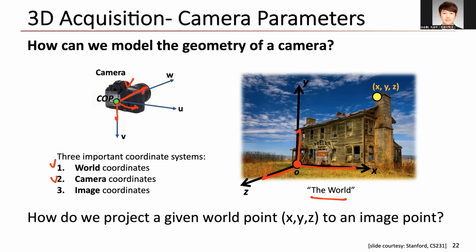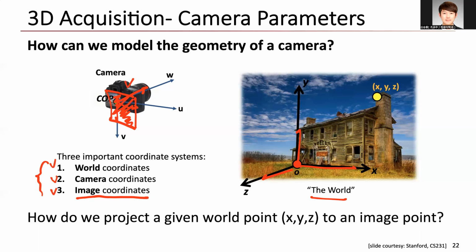And the final one is the image coordinate. Image coordinates mean 2D space. So we have to consider this image plane, which is our given images. So there are three coordinate systems.